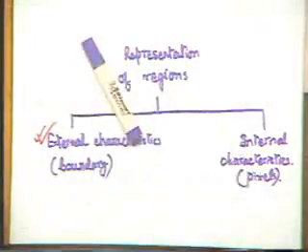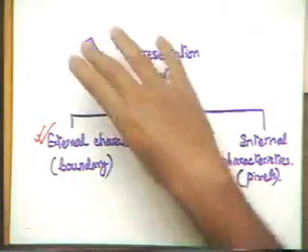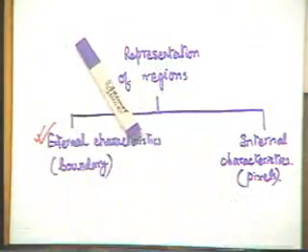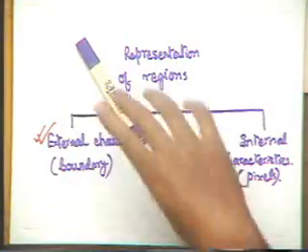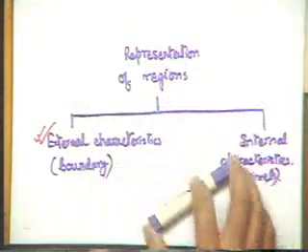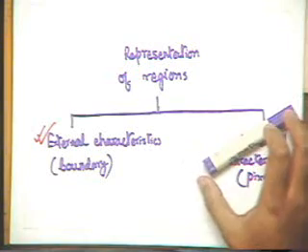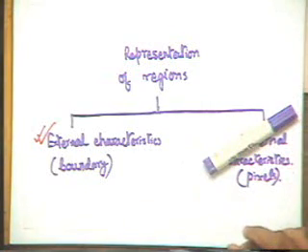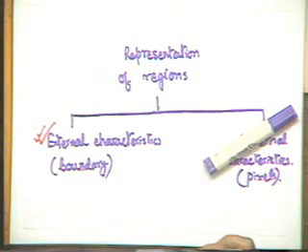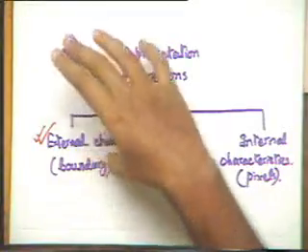Supposing this is the object whose boundary we would like to represent. Obviously this object's characteristics should not change if we place the object somewhere over here, with some translation and some rotation, in a different position.